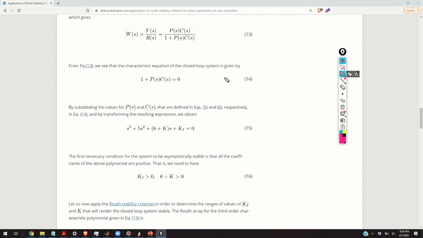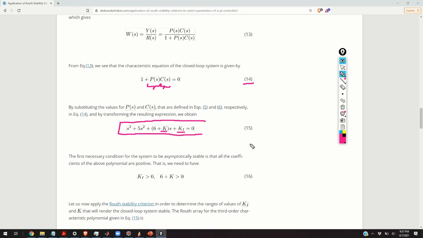Now, if we substitute the transfer function of the plant and the transfer function of the controller in equation 14, and after a few algebraic manipulations, we should obtain equation 15. And equation 15 is the final form of our characteristic polynomial. Immediately, we can see that this equation, and consequently its zeros, and consequently the system poles, depend on the parameters k and ki.